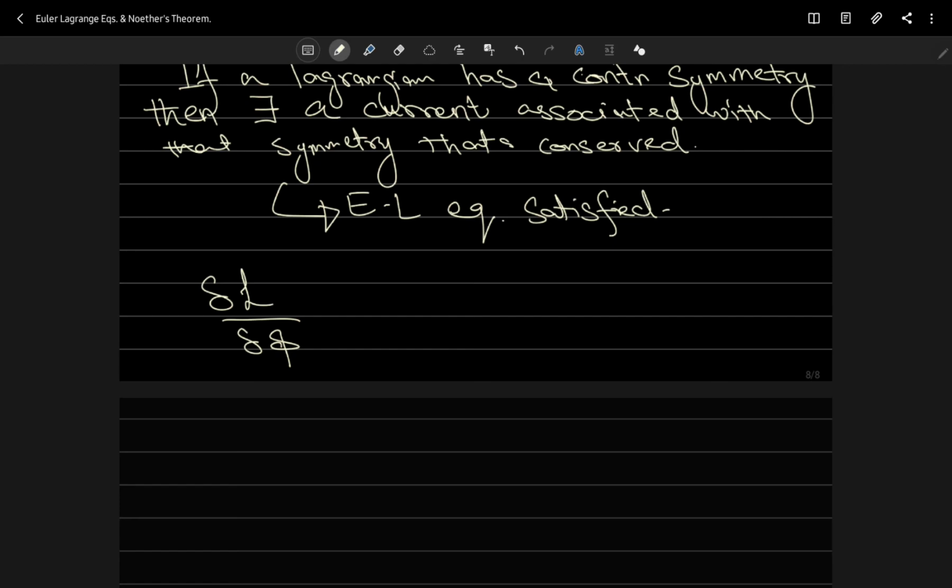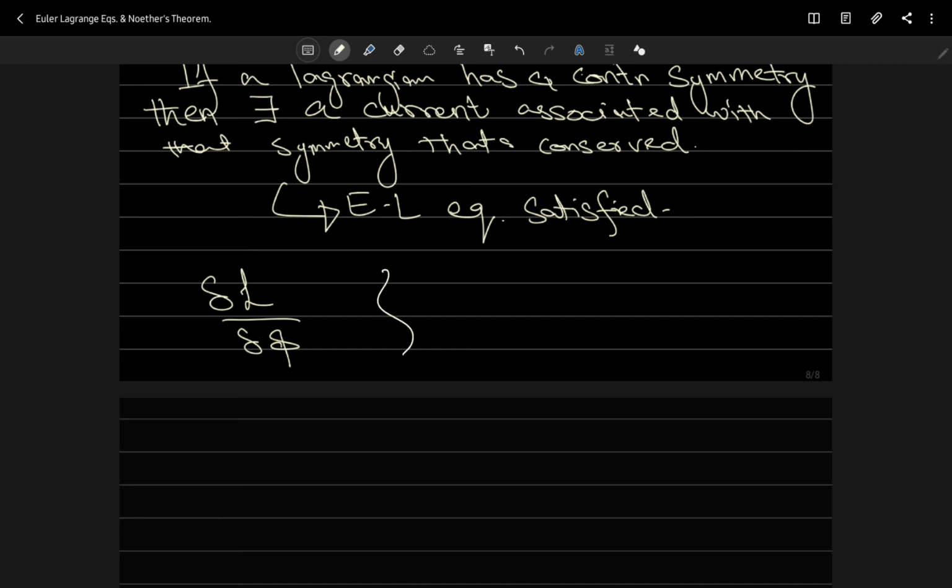And that is only possible if the variations are very small, which simply means that the symmetry is continuous. And so Noether's theorem is not applicable to discrete symmetries.